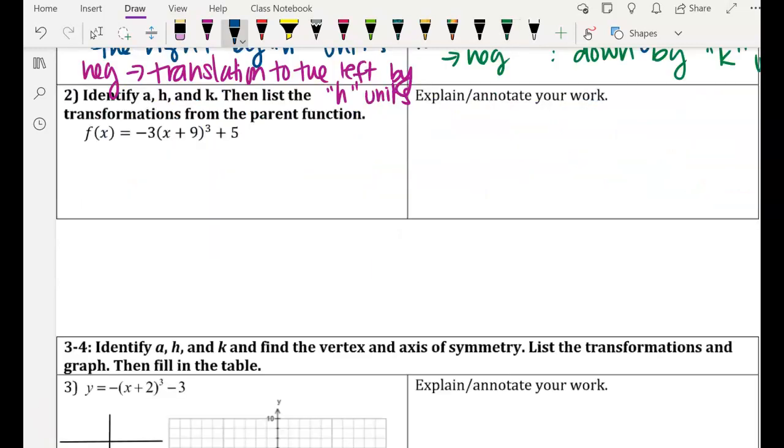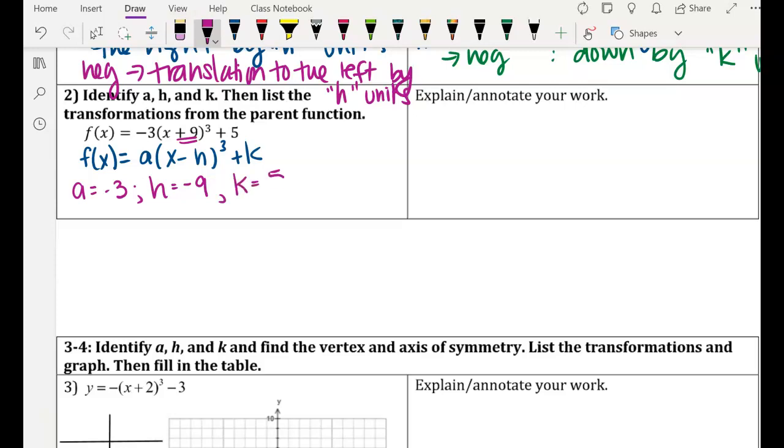Our direction, for example 2, states: identify the values for A, H, and K, then list the transformations from the parent function. Because our HK form looks like this, A is -3, H is going to be -9 because it needs to be the opposite to make it a +9, and K stays at 5.